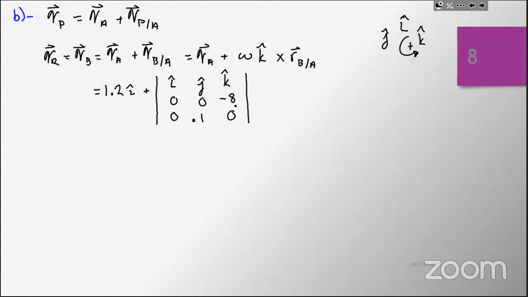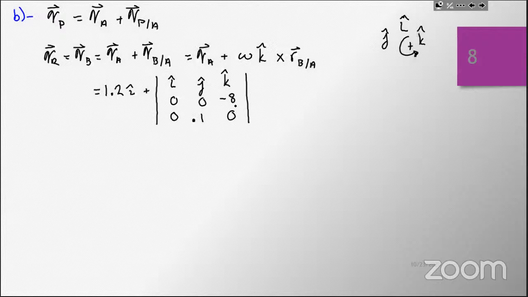What about K? I'm going to cover up my last column. What am I left with here for the K one? What am I left with for K? There we go. 0 again. 0 times 0 or 0 times 0.1 minus 0 times 0.